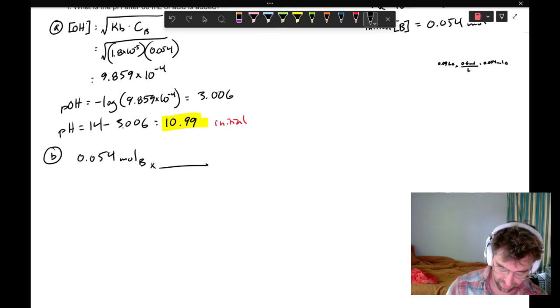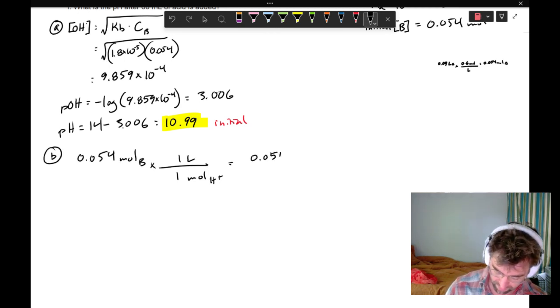I'll go ahead and show the dimensional analysis. Moles go on the bottom, per 1 liter. It's just times 1, which means that it's equivalent.